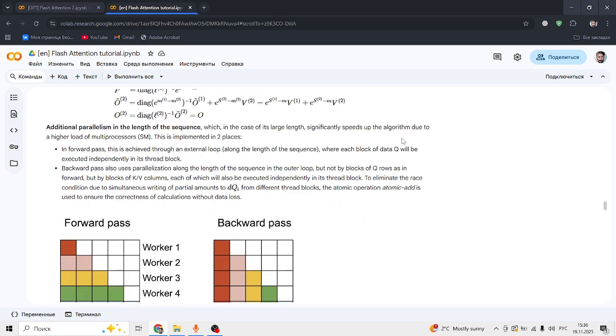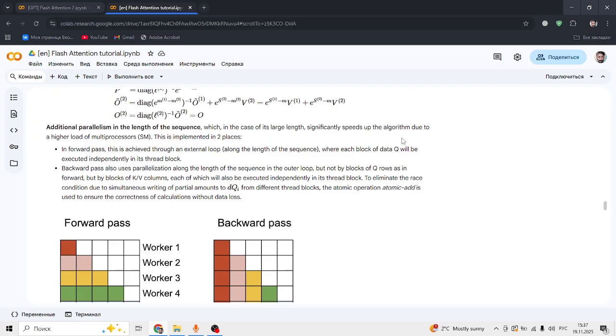And the next thing that was added is additional parallelism in the length of sequence. In forward pass, this is achieved through an external loop along the length of sequence, where each block of data Q will be executed independently in this thread block. But for backward pass, parallelization along the length of the sequence is used in the outer loop, but not blocks of Q rows as in forward.